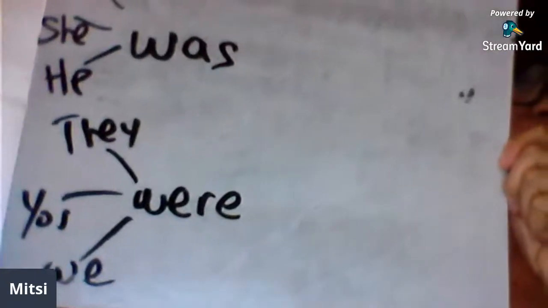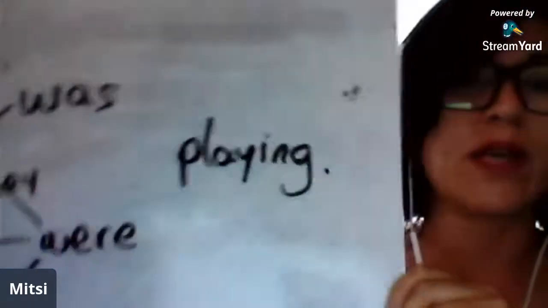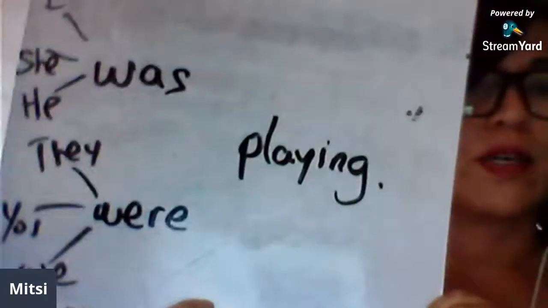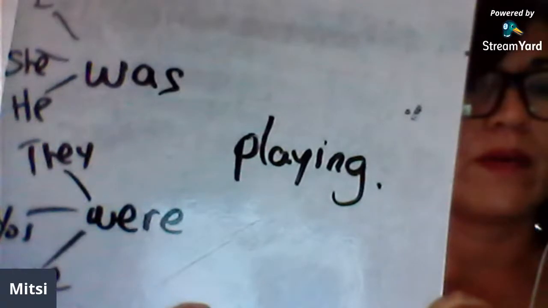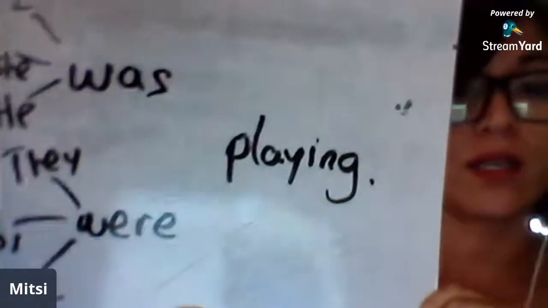But if we use were, then we can use they, you, or we. So they were, you were, we were. And we can connect it to a verb in ing form. So we can say, I was playing. And obviously we can give more words after it. I was playing soccer, yes? She was playing soccer, she was playing bowling, etc.